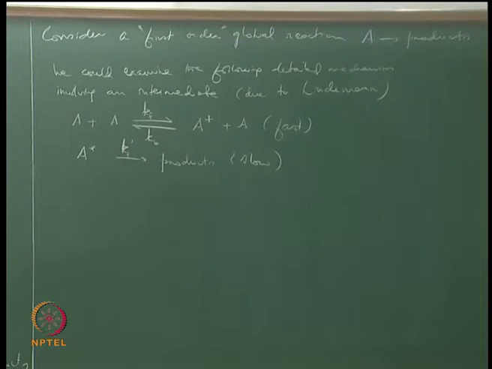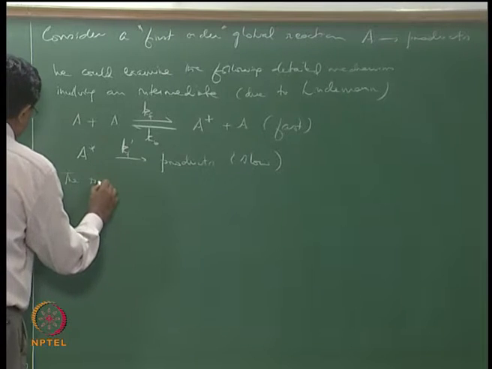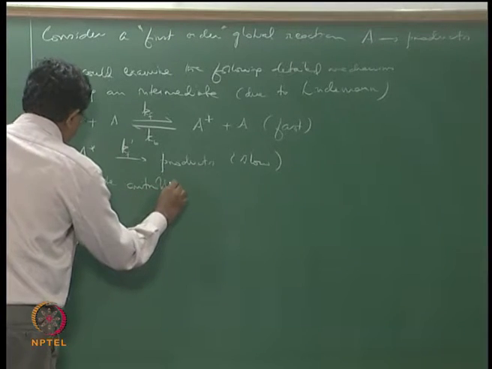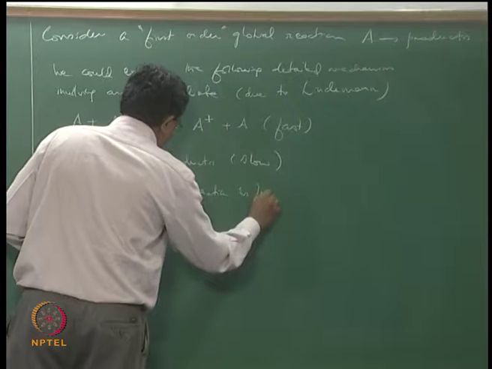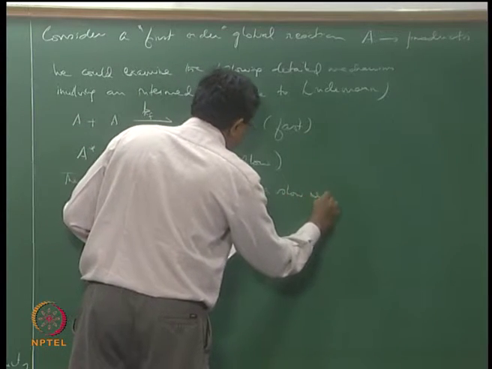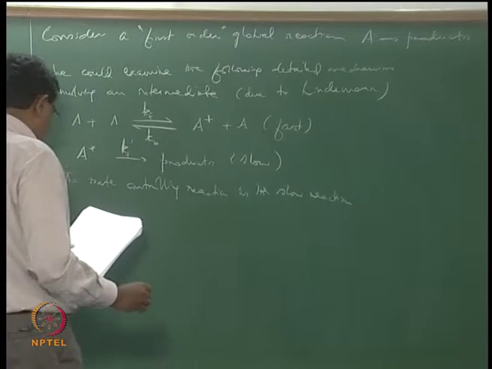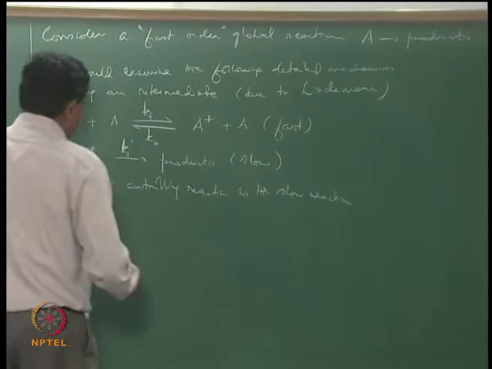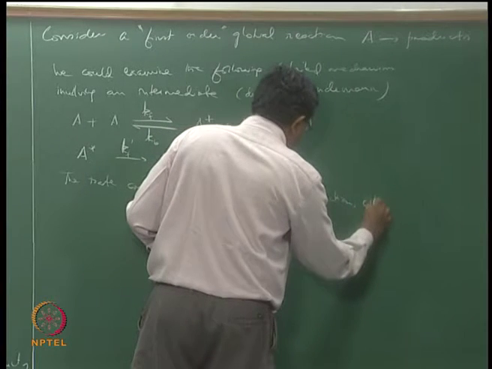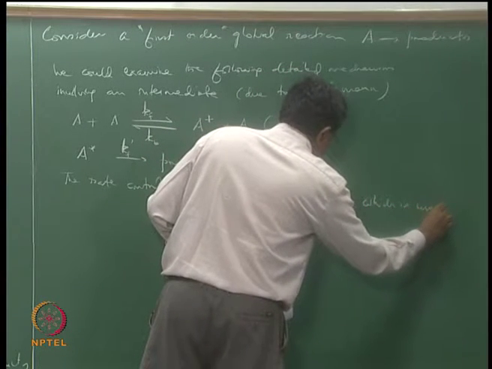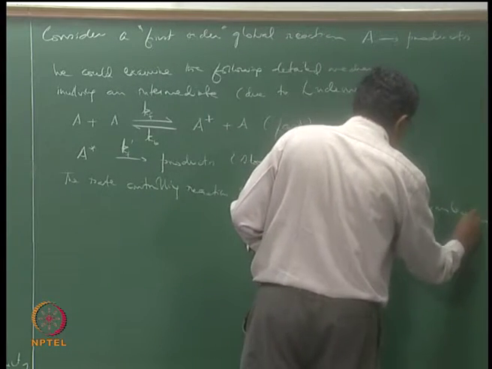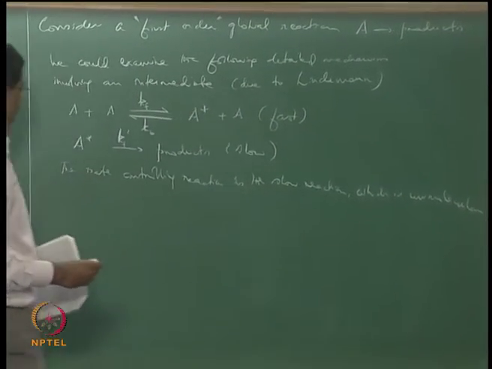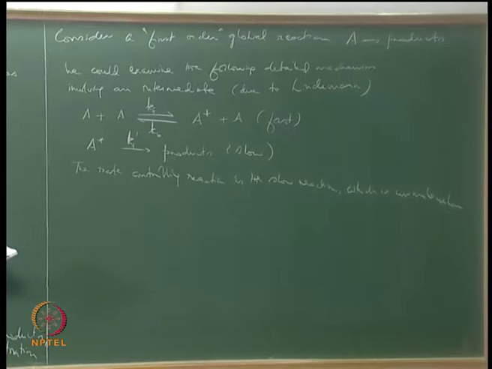So let us now think about how to deduce this. The rate controlling reaction is the slow reaction, which is unimolecular. A star giving products is a unimolecular reaction.